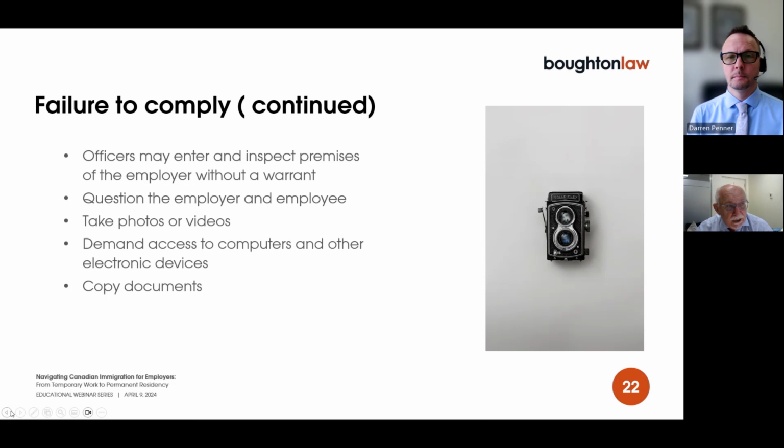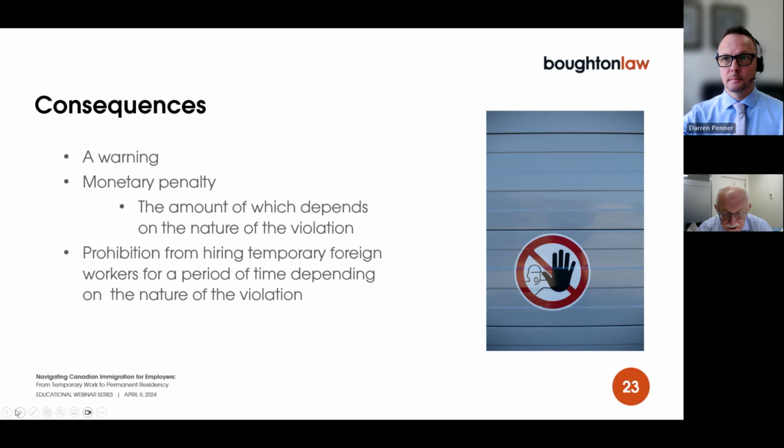So it is not a situation that you as an employer want to find yourself in. And as to the consequences of one of these violations, it may result in merely a warning, but there may be a monetary penalty, the amount of which depends on the nature of the violation.